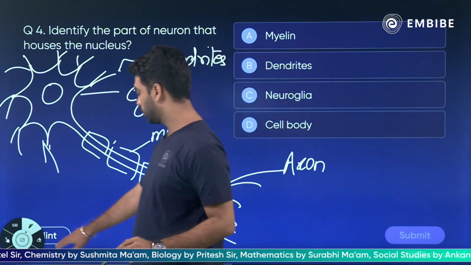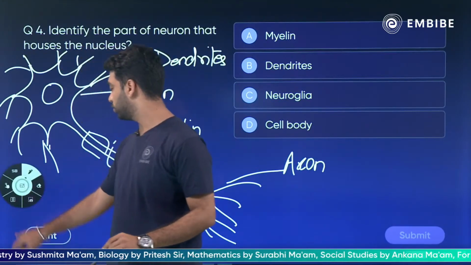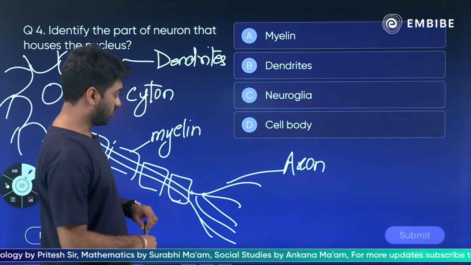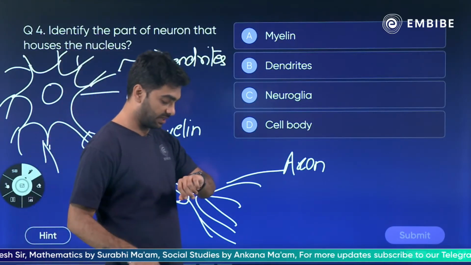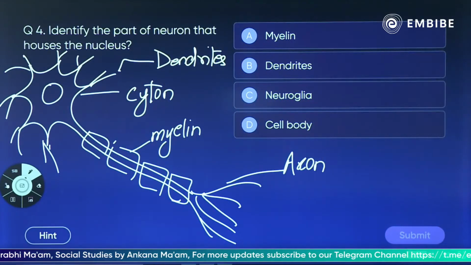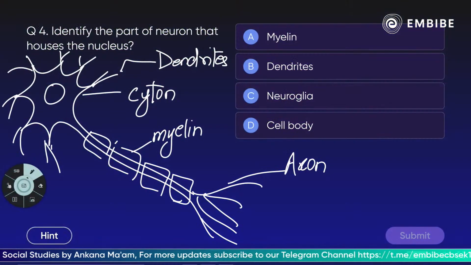Where do you think is the nucleus? Man9 and Mannat both are saying D. I'll give you 30 seconds. Cyton is also called the cell body.